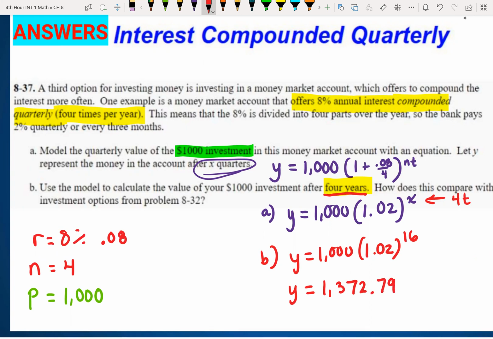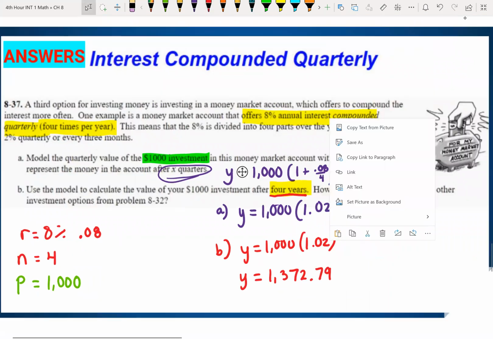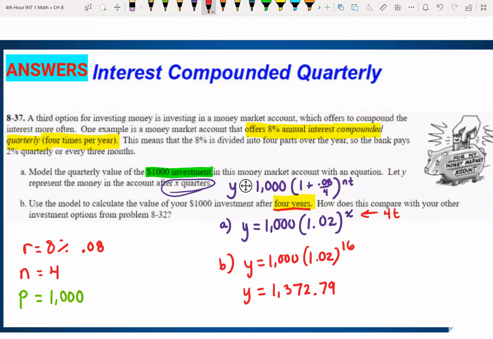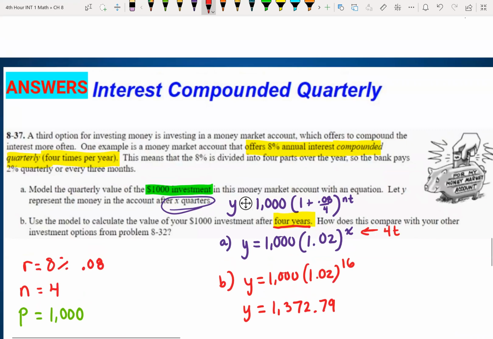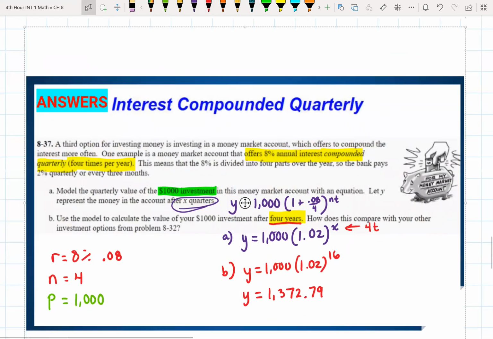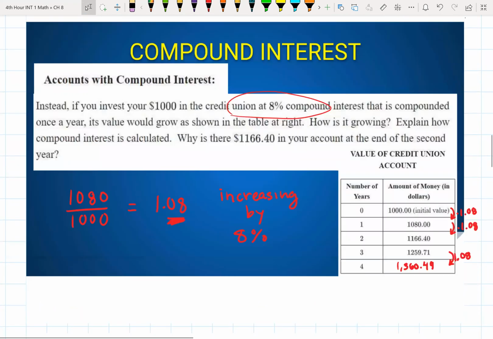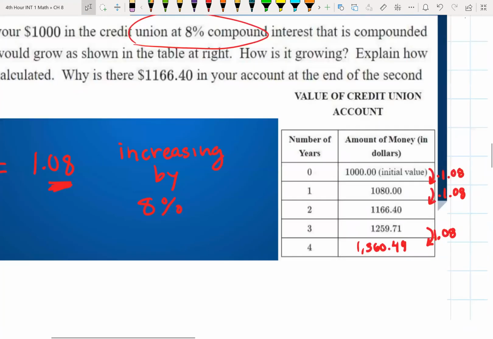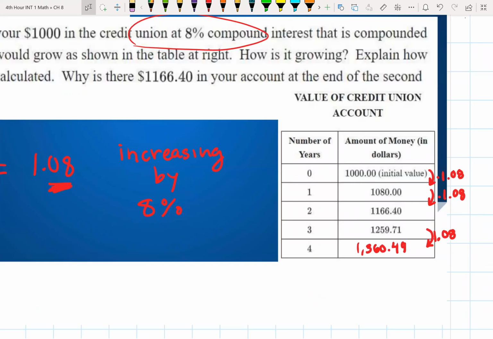$1,372.79 right there. And how does that compare with your investment in problem 8-32? Well, you remember that one? 4 years passing by? Let's take a look. So that was 1,360, and we just cashed in at 1,372.